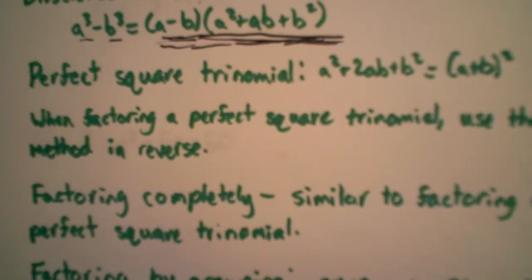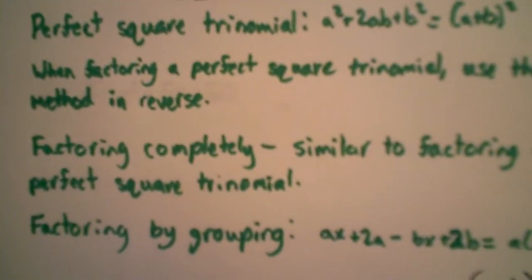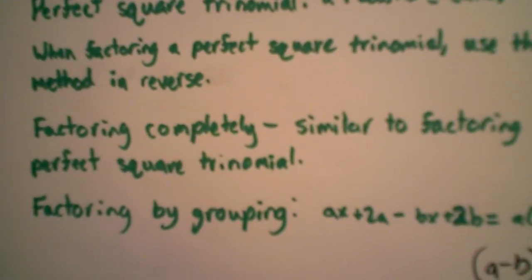When you're foiling something, you take two binomials multiplied by each other, and through the multiplication you wind up with a trinomial. Well, this is the opposite. You're taking a trinomial and factoring it into two binomials.